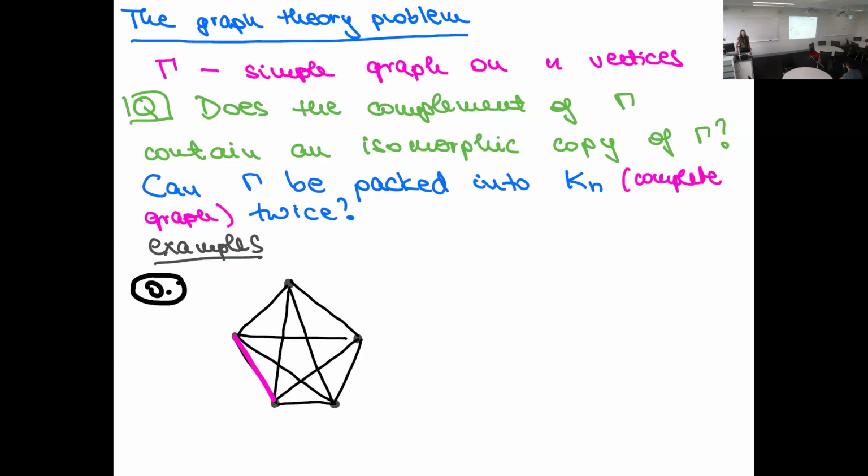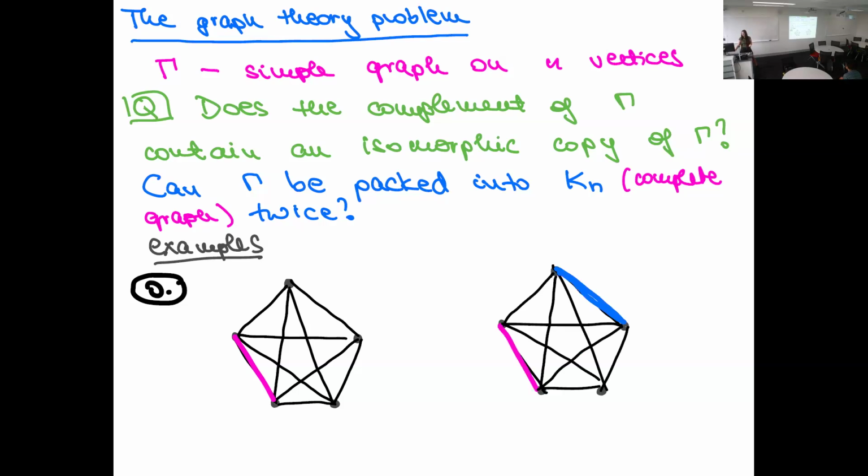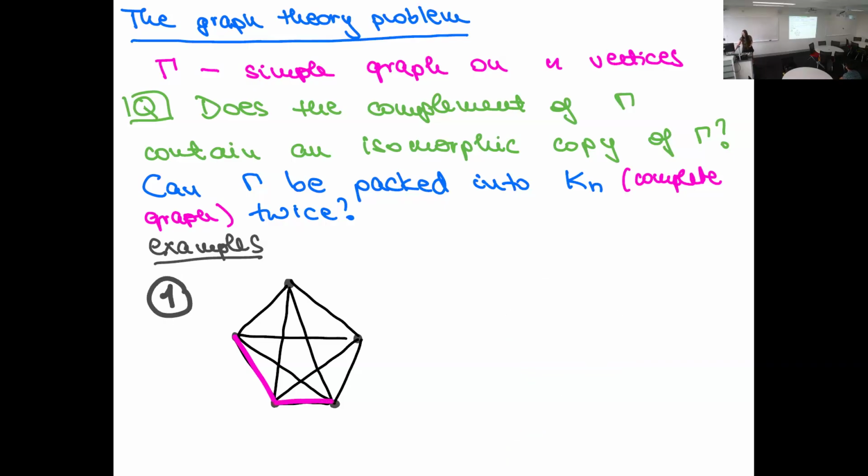Okay, so some examples. Let's look at this example, and then our gamma is the pink edge. Can we find an isomorphic copy in the complement? Yeah, lots of them. For example, this one. So that's very good. So in this case, the answer to the question is yes. Okay, next example. You take this graph, which is the 2 pink edges.